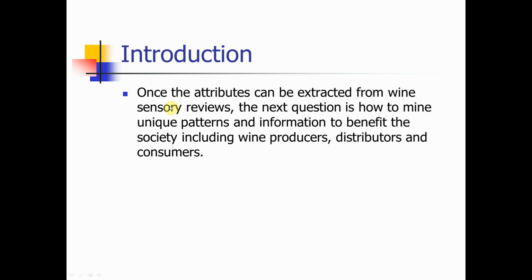If we are able to process the wine reviews, the next question is how do we mine unique patterns and information to benefit society, including wine producers, wine distributors, and wine consumers.